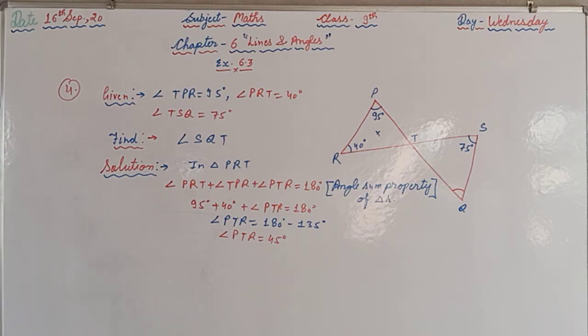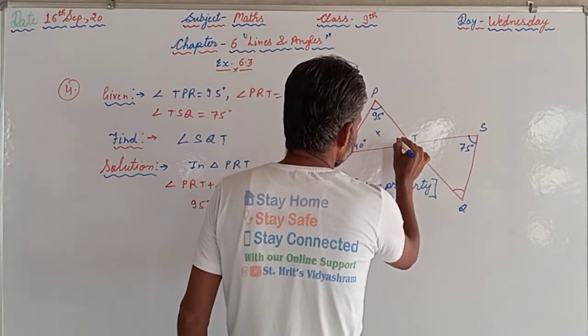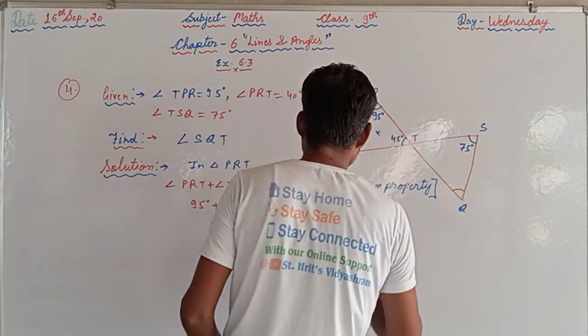And after that we are supposed to consider the second triangle given there. Now this angle we got, that is 45 degree.